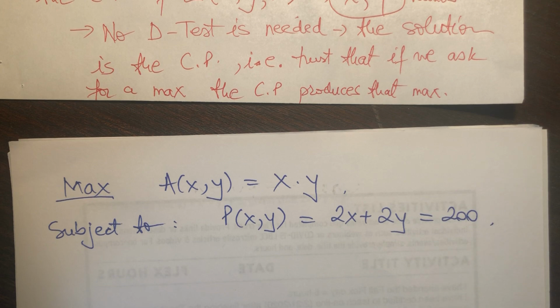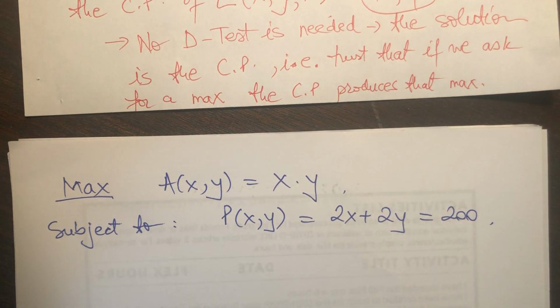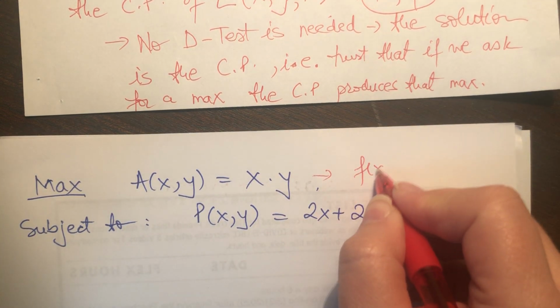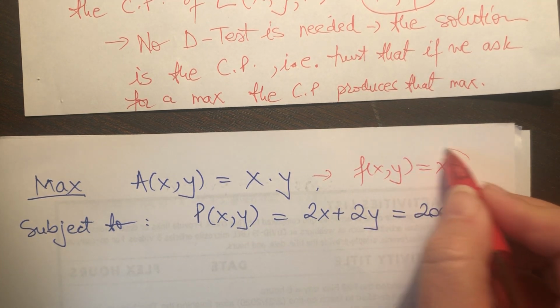So this is our objective function. So what this says is that what you're going to do is you're going to make out of this function one that equals to 0. So just to kind of make it into that notation, just to match this a little bit, I'm not going to call it area, I'm going to call it f of x.